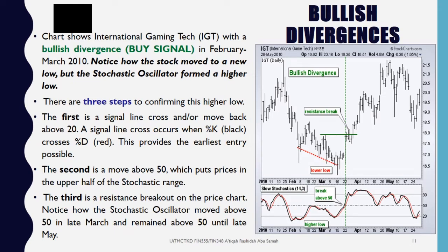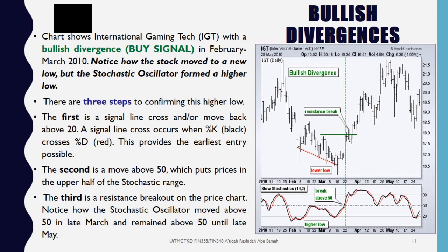There are three steps to confirming this higher low. The first is a signal line cross and or a move back above 20. A signal line cross occurs when K, which is black, crosses D, which is red. This provides the earliest entry possible.